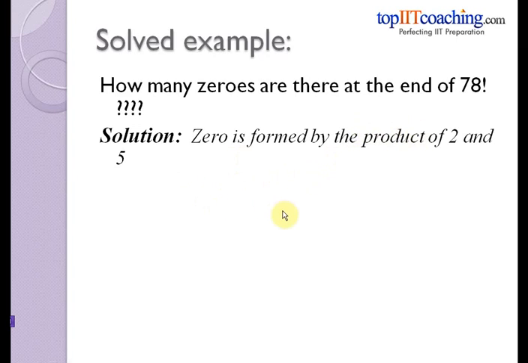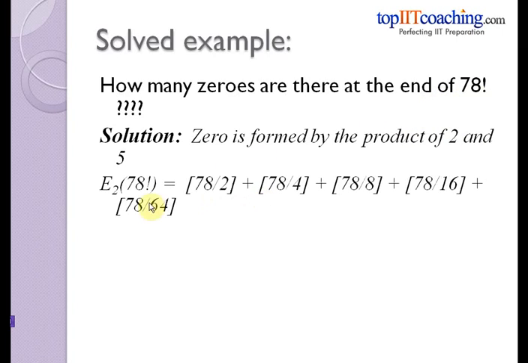So what we do here is, we try to find the exponent of 5 in 78 factorial and the exponent of 2 in 78 factorial. First of all, the exponent of 2 in 78 factorial is equal to the greatest integer of 78/2 plus 78/4 plus 78/8 plus 78/16 plus 78/64, and that is equal to 39 plus 19 plus 9 plus 4 plus 1, and that is equal to 72.